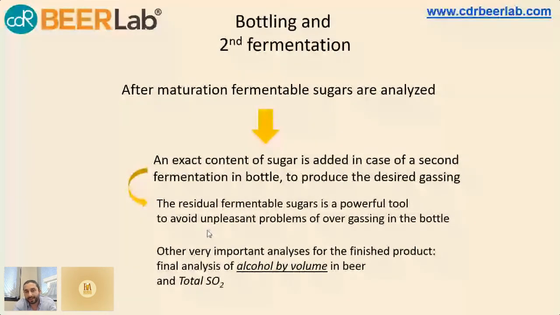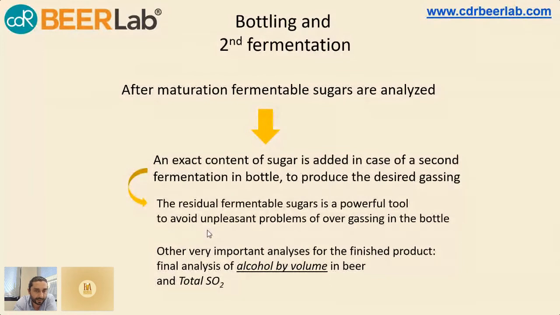With this analysis, you can check the fermentable sugars at the end of your alcohol fermentation, and you can add your sugars depending on the level of residual fermentable sugars you have in your beer, all in order to avoid overgassing problems in the bottle.